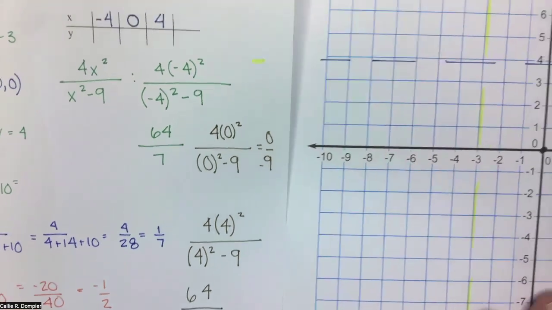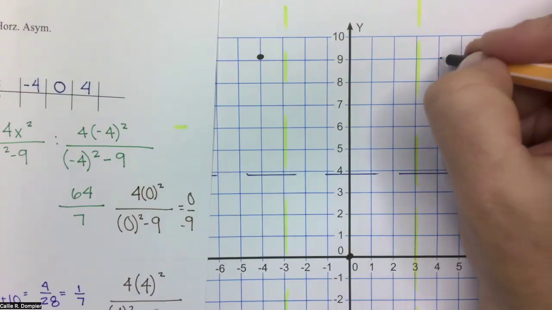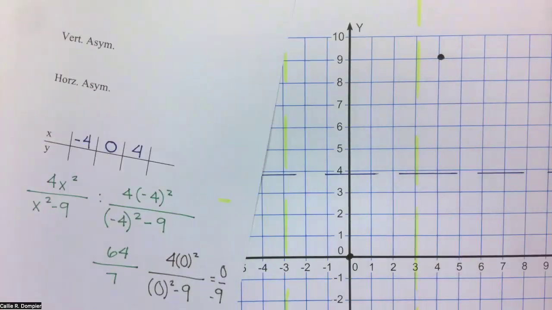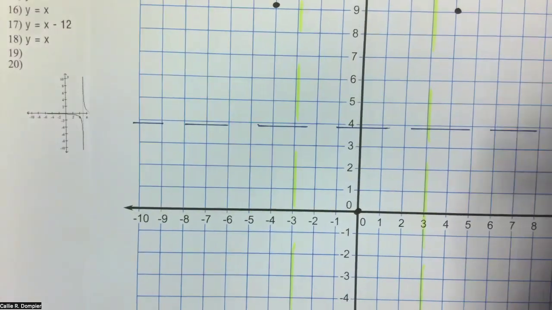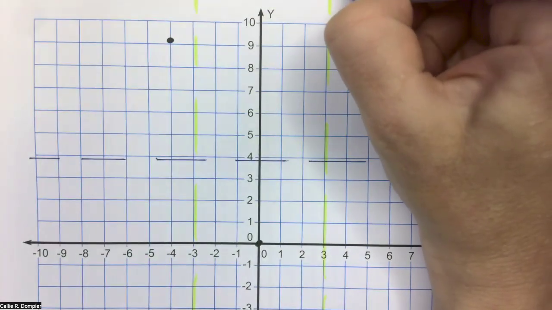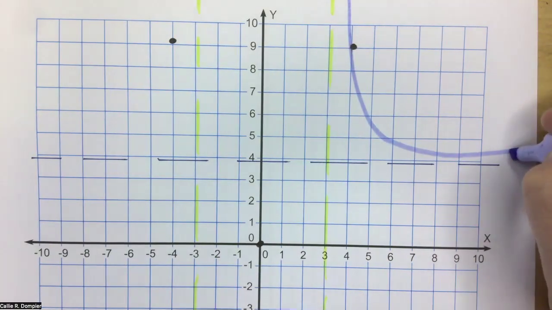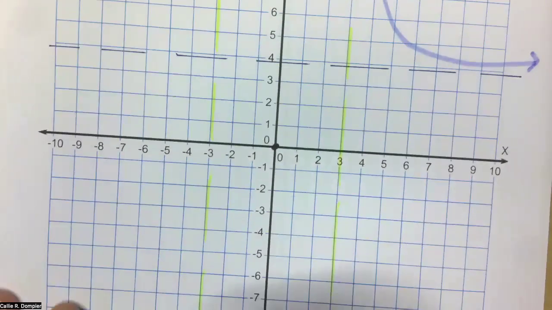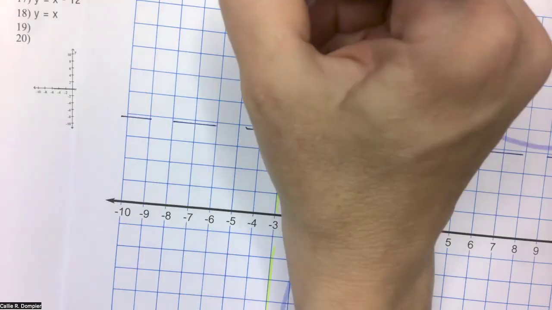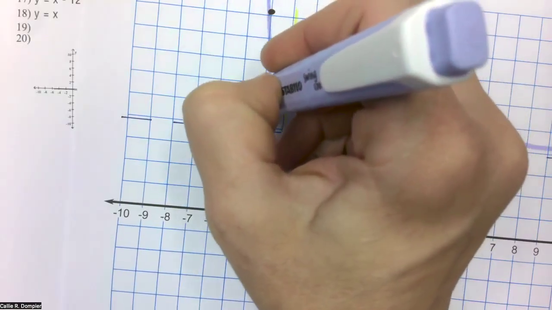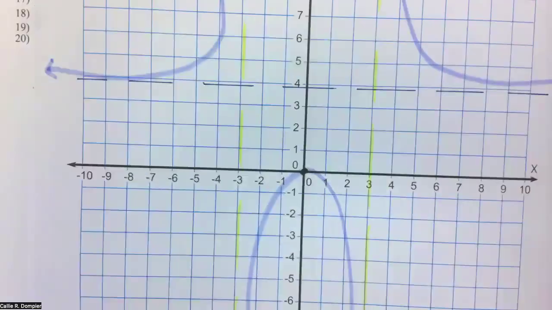So 64 sevenths. So it's the same as over here. They're kind of identical. So what I would do with that information is I would make this approaching +3, this approaching 4. Make that look like that. This approaching -3 and approaching 4. That's how I would graph it.